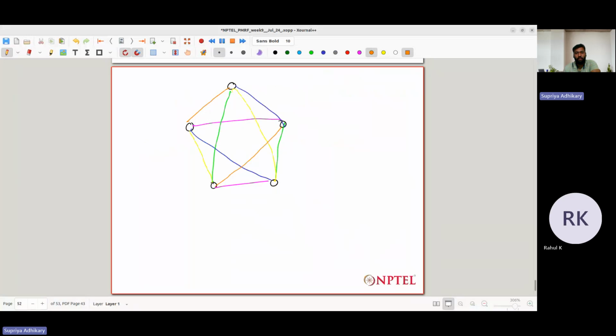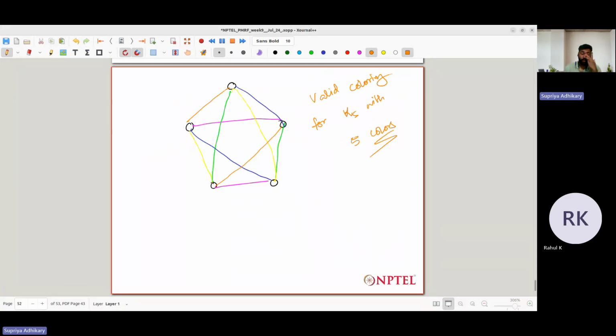So this is a valid coloring for K5 with, sorry, there are basically 5 vertices, and the dummy edge was there, so there were 5 colors.